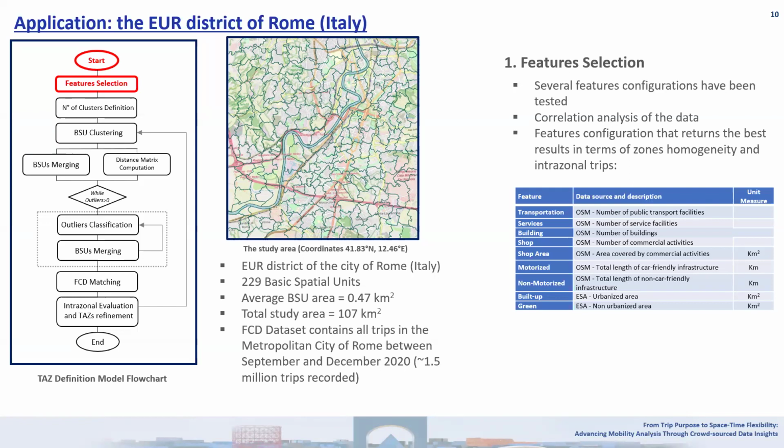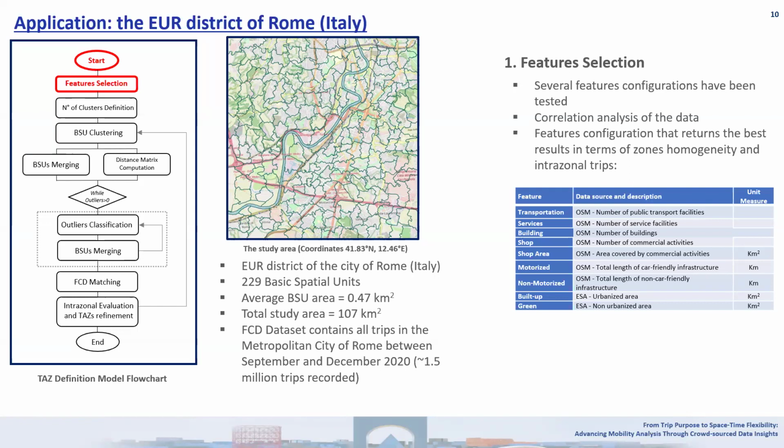So we cover an area of about 100 square kilometers here in the area of Rome nearby. And then we use the floating car dataset we have collected. We have 1.5 million origin destination trips, which have been carried out over 4 months of 2020, from September to December. The first step of our model is to select which features from our data actually matter the most for our study area.